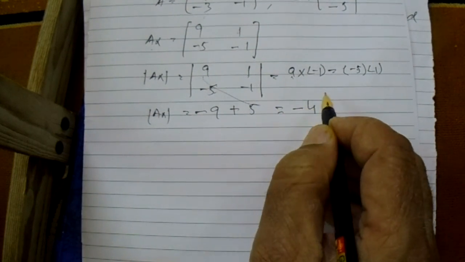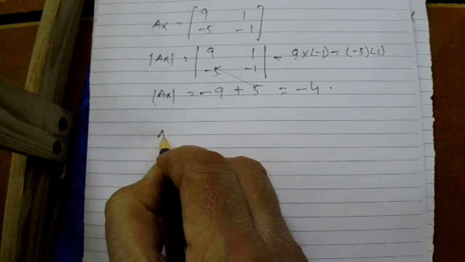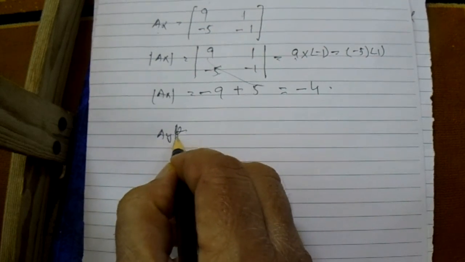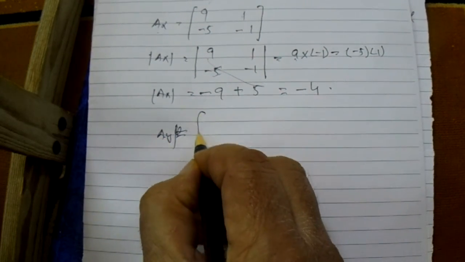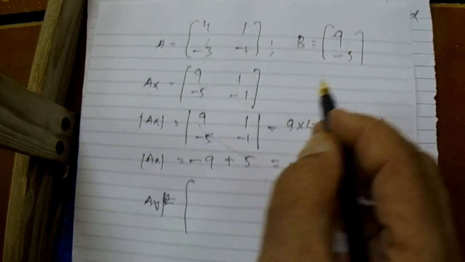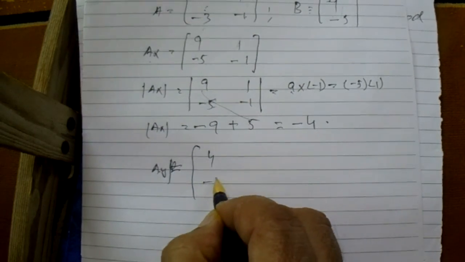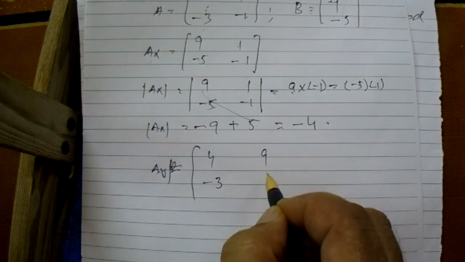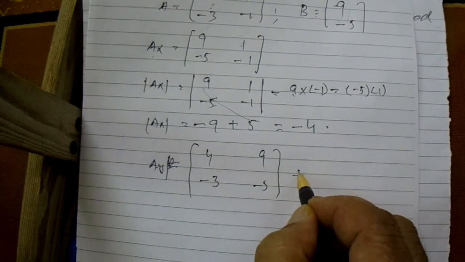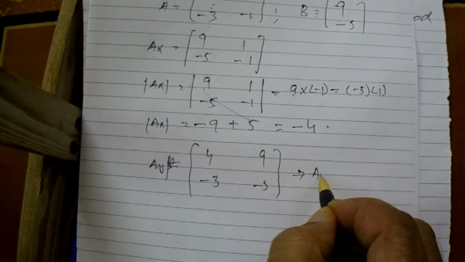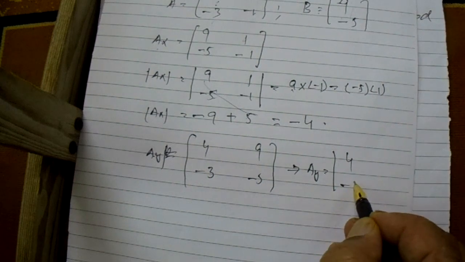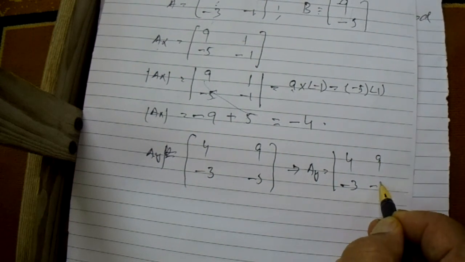And here Ay. First of all we find the Ay matrix. Here we replace the second column by this. We write 4, minus 3 and 9, minus 5. Again AY is 4, minus 3, 9, minus 5.